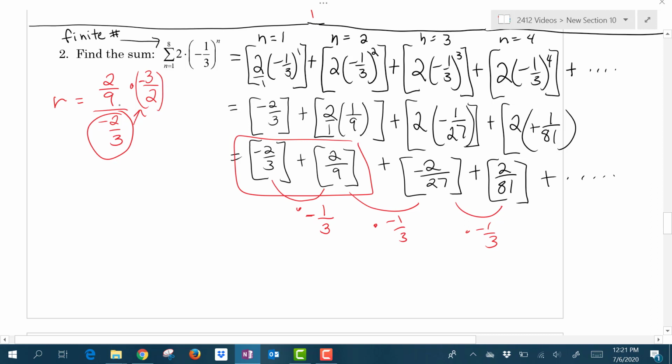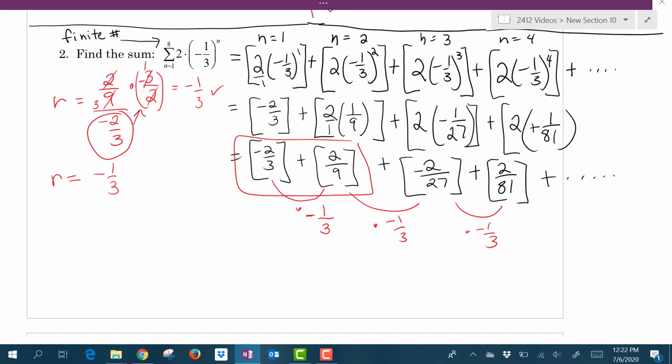Okay, the 2's would cancel, 3 goes into 3 once, 3 goes into 9 3 times. We have that negative there, that gives us a negative 1/3. So you can do that with several pairs of terms that are side by side, divide the later by the previous, and then see that you get a negative 1/3. So I am now convinced that I have a geometric sequence with an r value of negative 1/3.